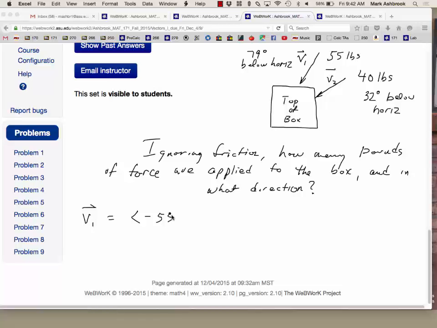Negative because to the left. Cosine because it's x coordinate. And then negative 55 sine of 79. All right, somebody new. V2. So V2 is this vector over here. So what will that be? Elijah, you want to do it?